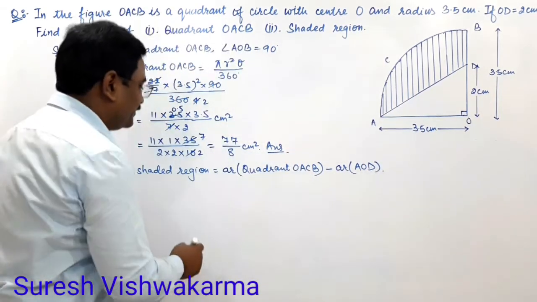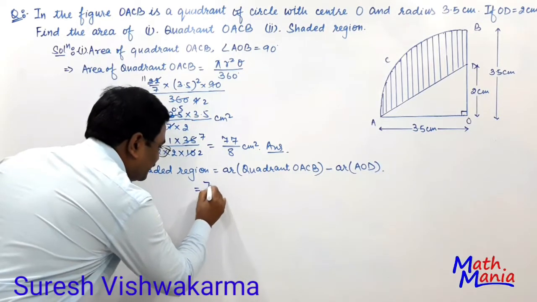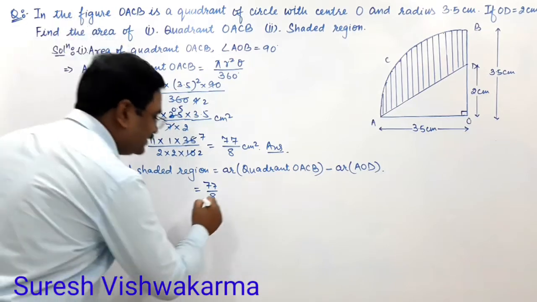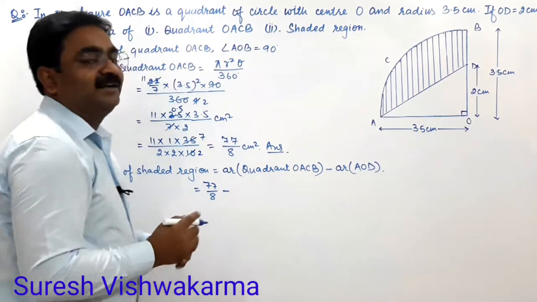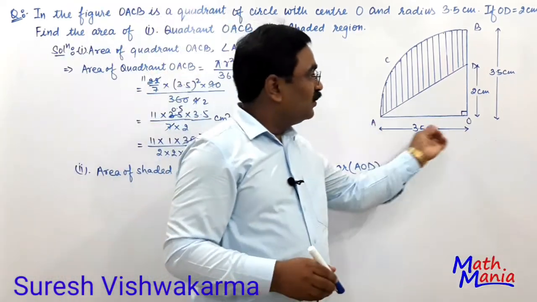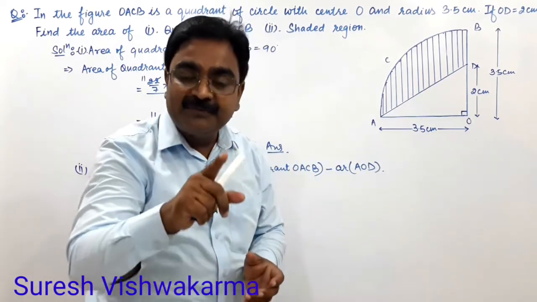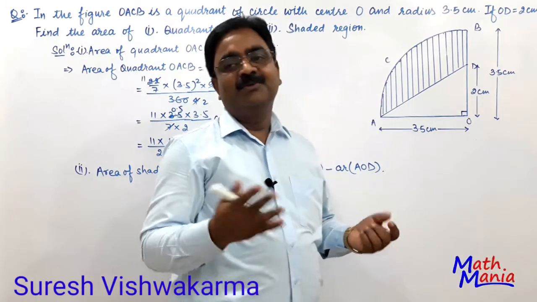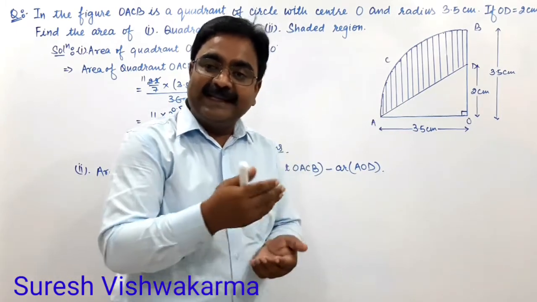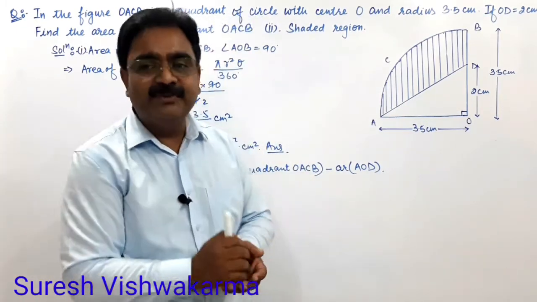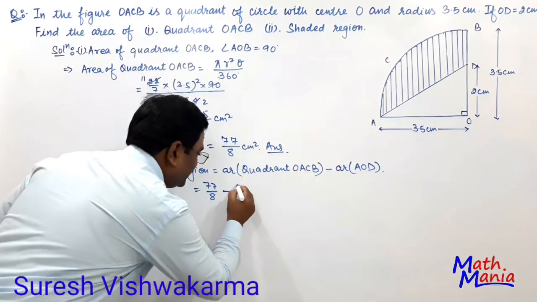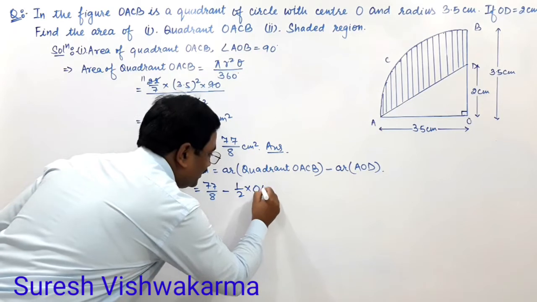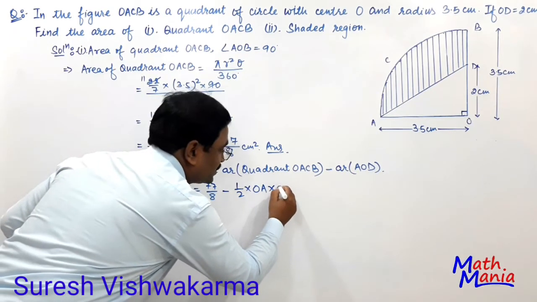The area of this quadrant we got, which is 77/8, right? Minus the area of the triangle. Now let us move on to this triangle OAD. How do we find its area? As it is a right angle triangle, the general formula to find the area of a triangle is half into base into altitude. So we can write half into base OA into altitude OD.